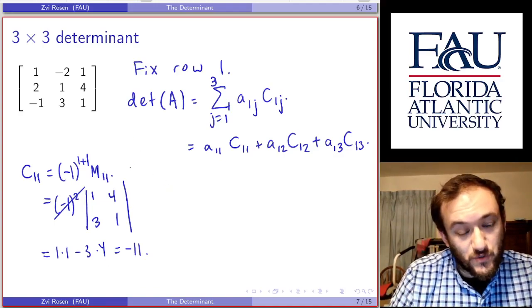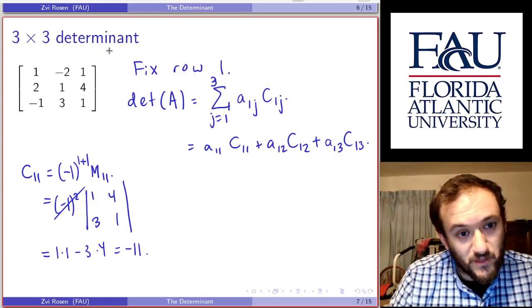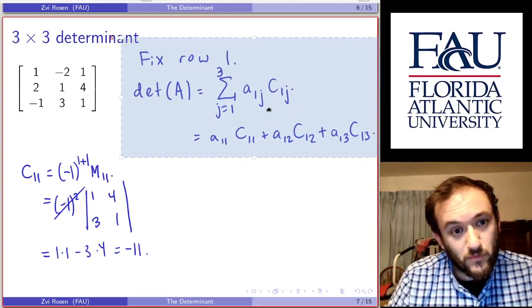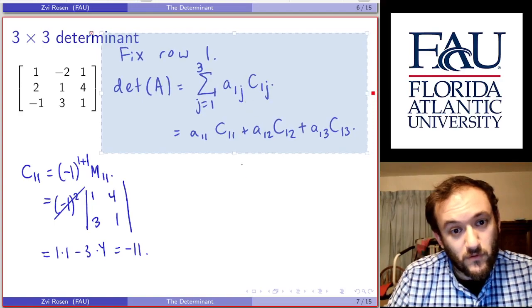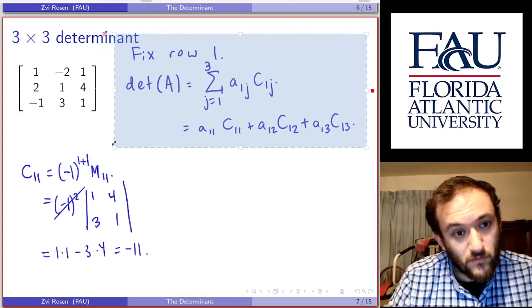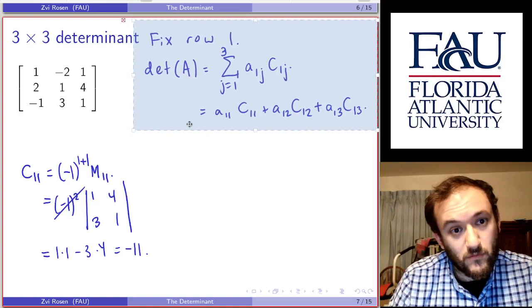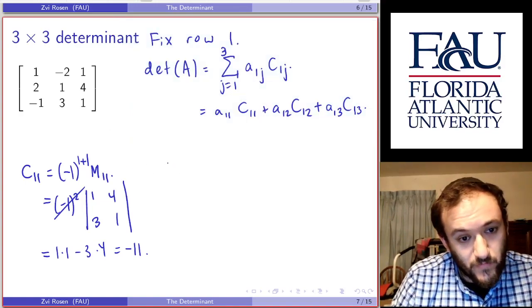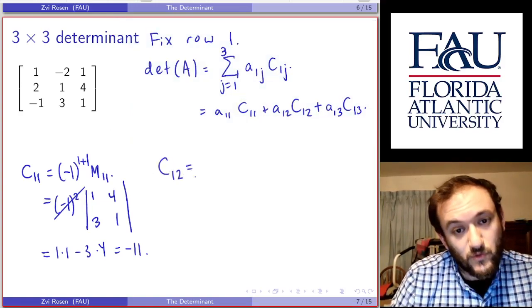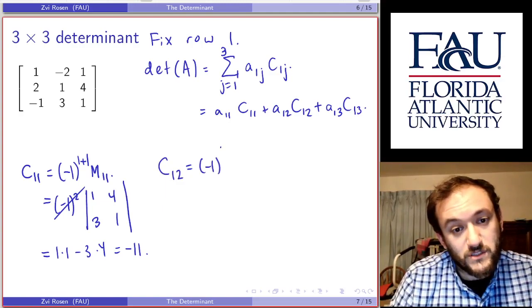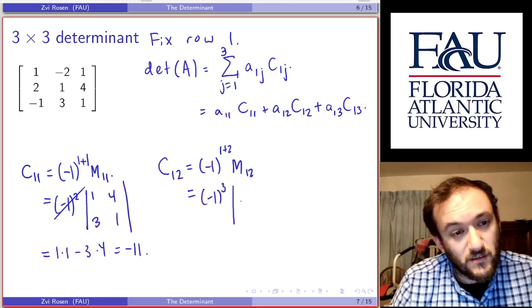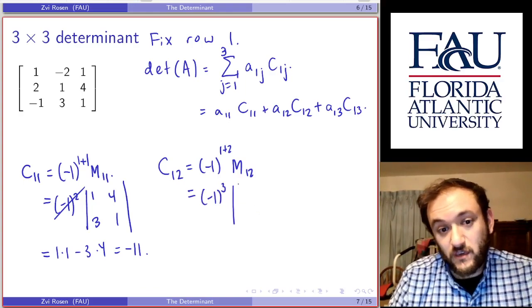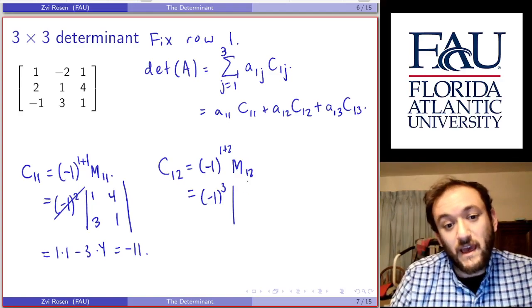As for C12, it will be -1 to the 1 plus 2 times M12. And that's -1 cubed times the determinant. Now here we're leaving out row 1 and column 2.